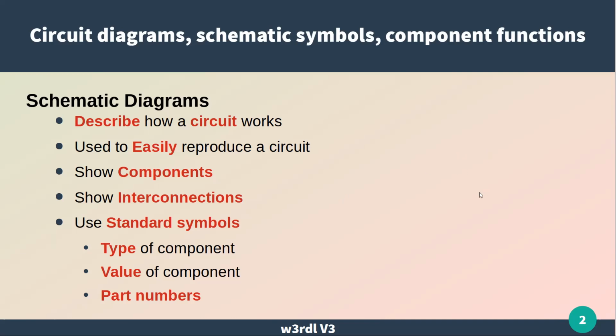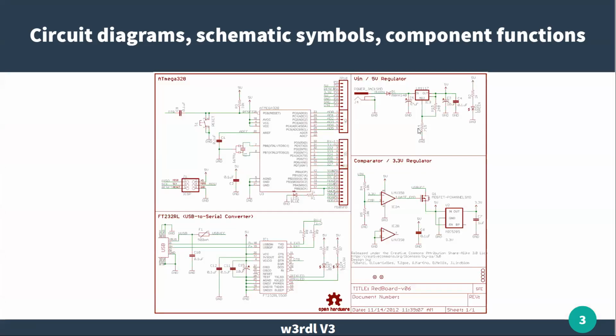So we show the components and their interconnections. Usually it has the type of component and its value, whether it's a resistor or capacitor and what the value is. Sometimes they'll have actual part numbers, but that's not necessarily required.